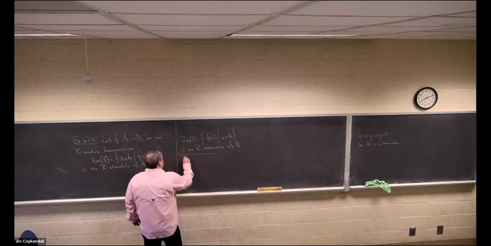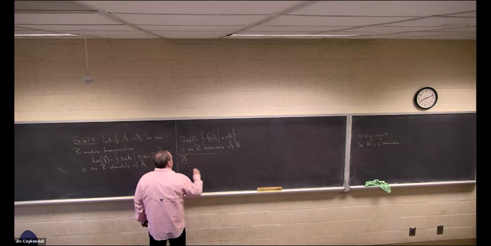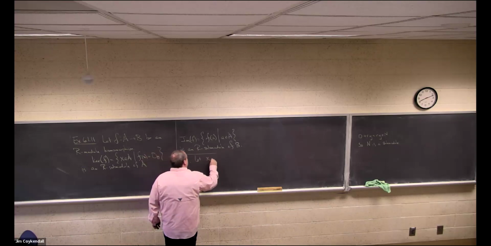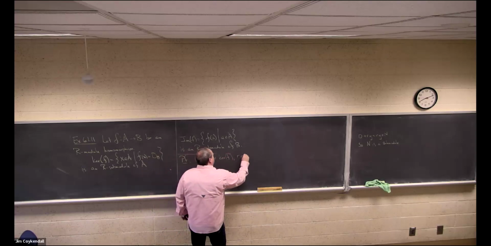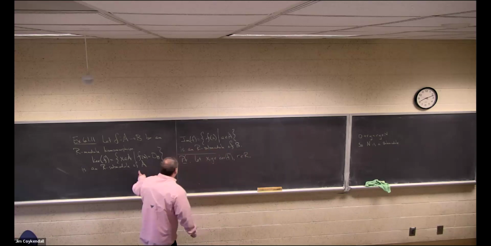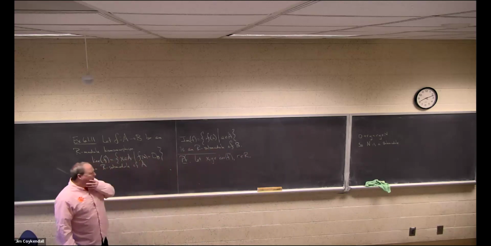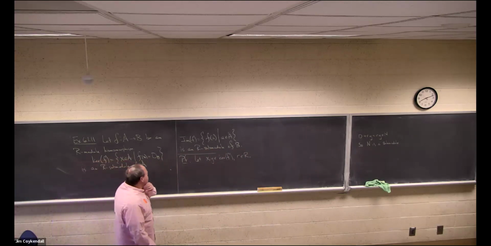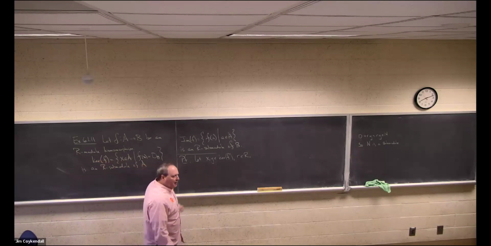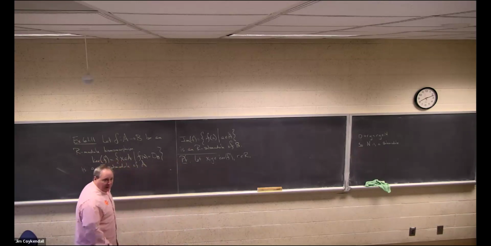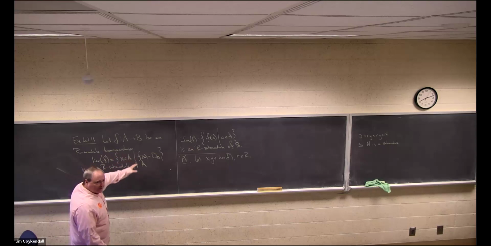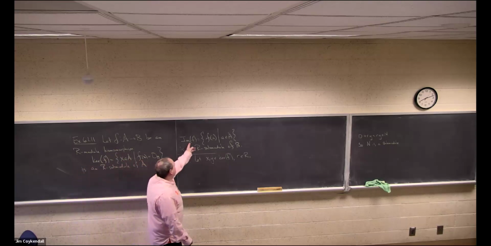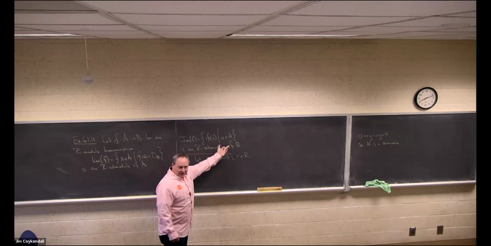First, by the way, let me point out that both of these are non-empty. That was one of the things we talked about, because certainly 0 is in the kernel, because 0 always goes to 0, and certainly the 0 element of B is always in the image.